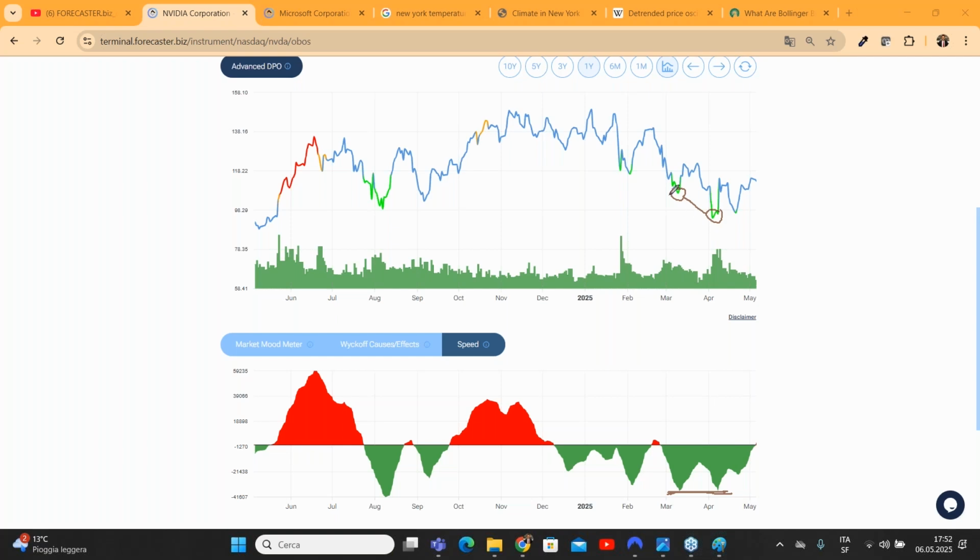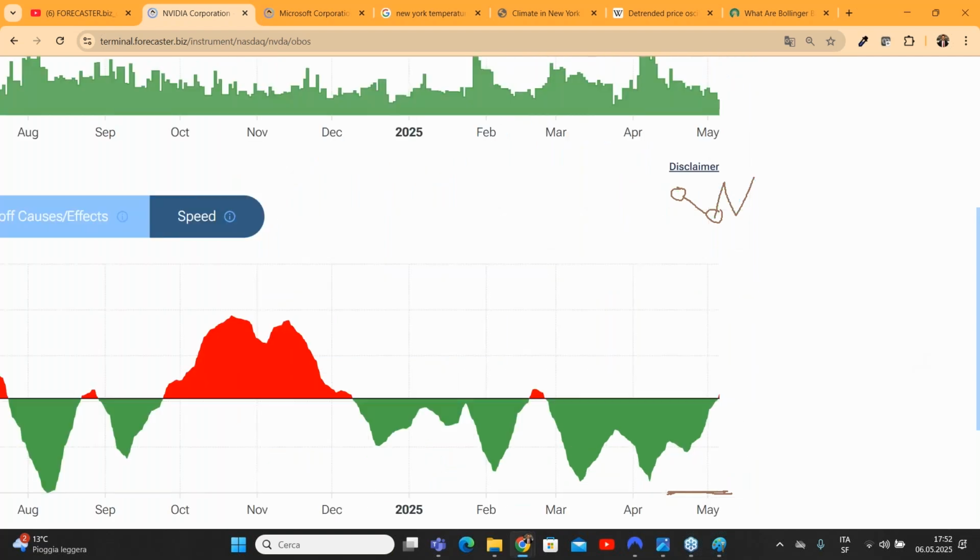And look what happened later. The prices started to rise again, then they came back, and here we are with the prices crossing the zero line, because this in black is the zero line, okay?